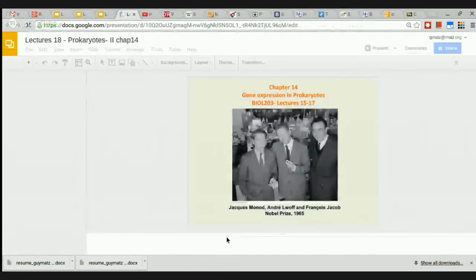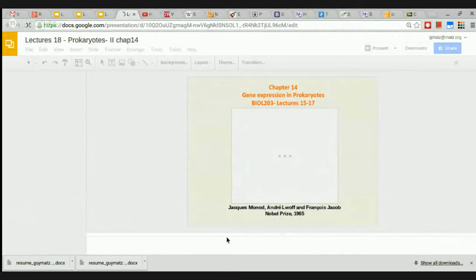So this is what I want you to retain from this. The key component in the lysogenic cycle of lambda is called lambda cI. It's called cI protein, aka lambda repressor.